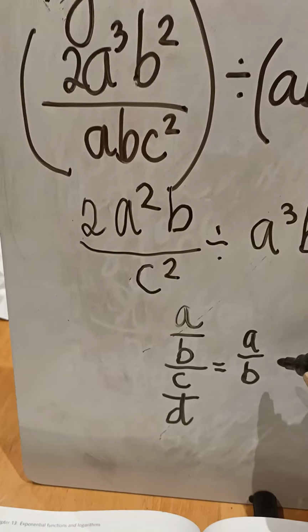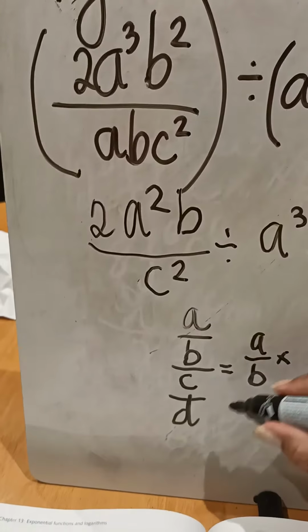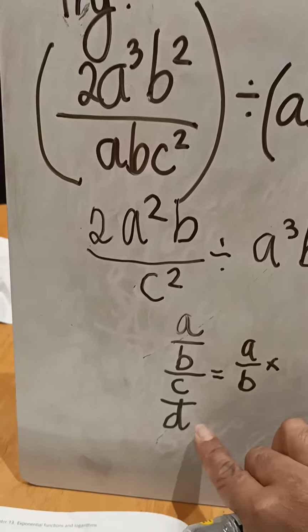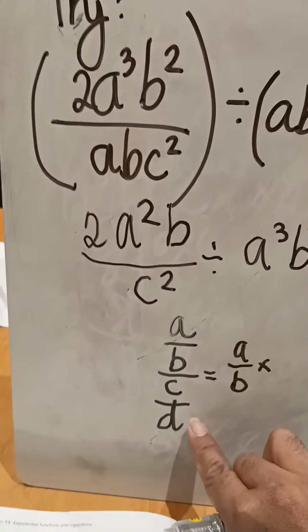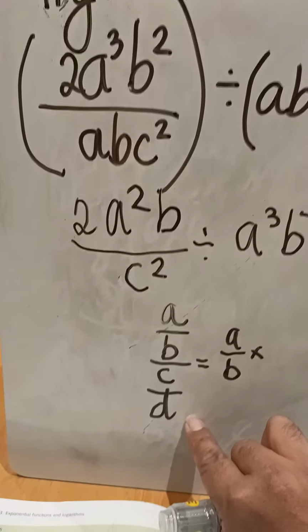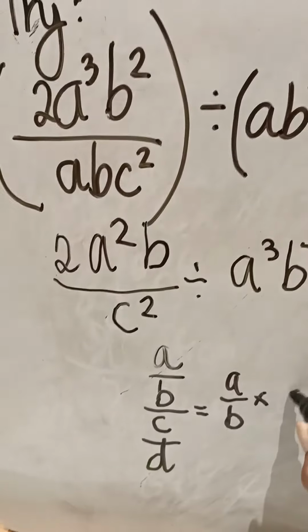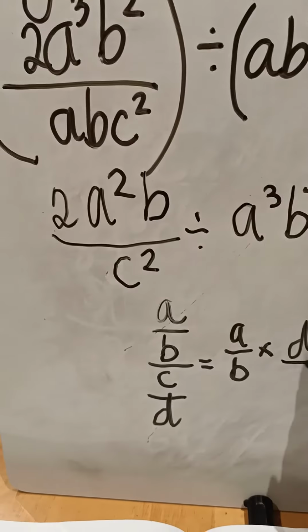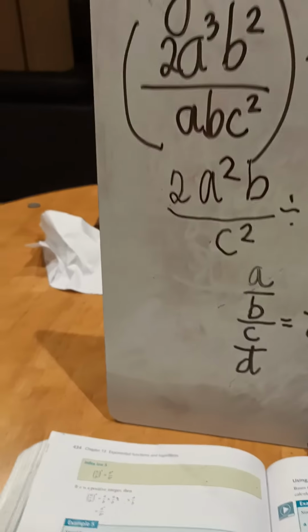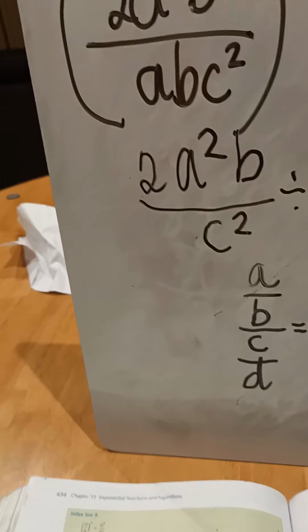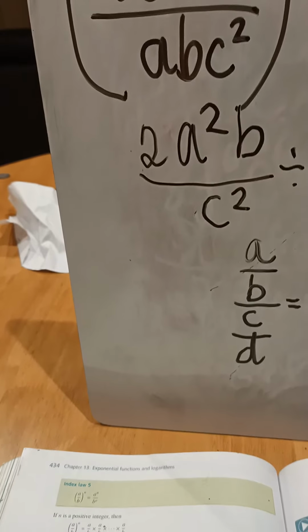Instead of dividing, you multiply, but you reverse the numerator and the denominator of the second fraction, which is c over d. So instead of dividing by c over d, you multiply by d over c. So this is what we're going to do here.